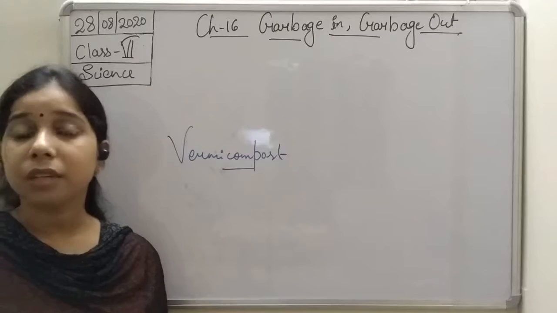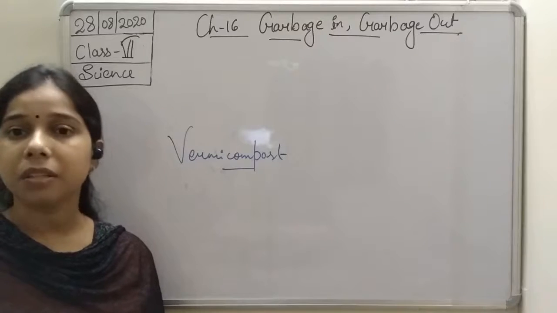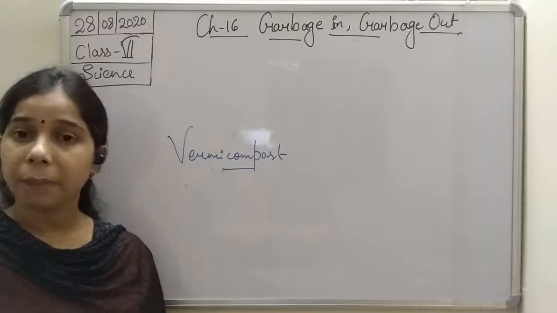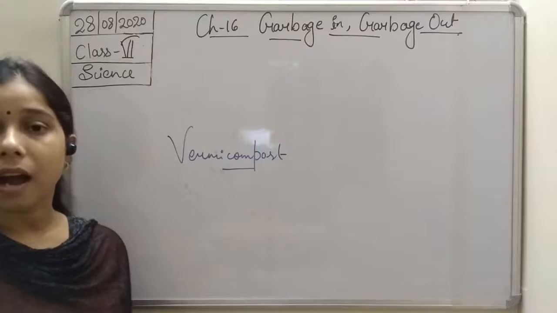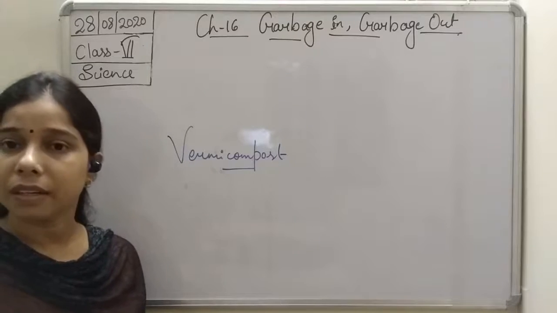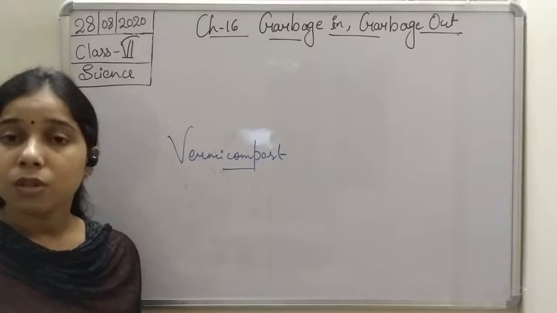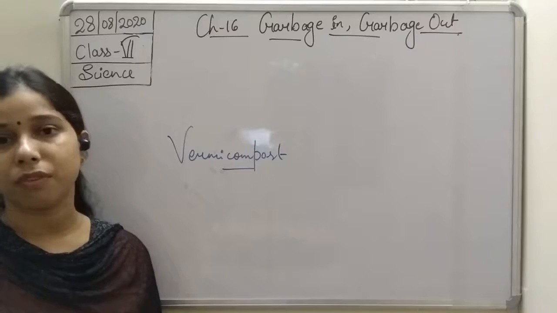Not only this, students, we discussed how vermicompost helps not only in disposing of garbage, but also in giving a very useful product, high quality manure, which we can use to increase the fertility of the soil and the growth of the crop. So up to here we discussed compost and vermicompost.